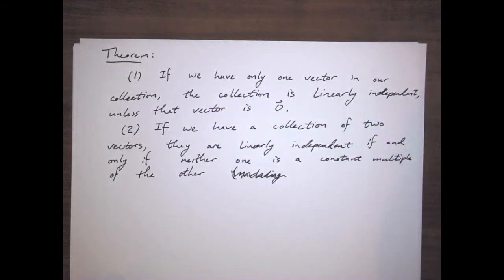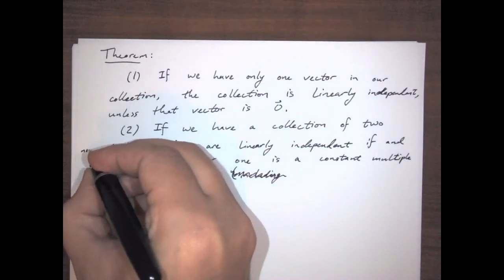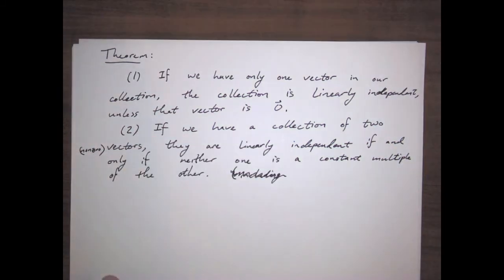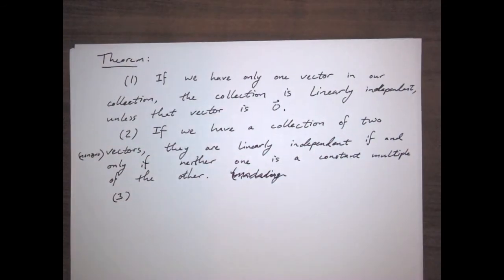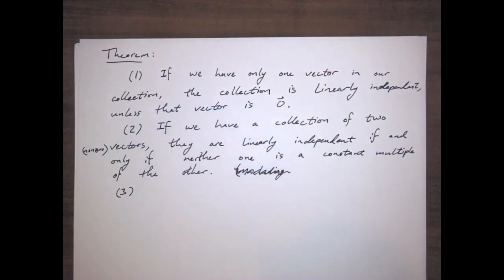I should say two non-zero vectors, because otherwise you may be fooled, because 0, 0, 0 doesn't look like a multiple of 1, 2, 3, for example, but it is. It's just a multiple by a factor of 0. That's technically already covered in the statement, but we just want to be extra clear.